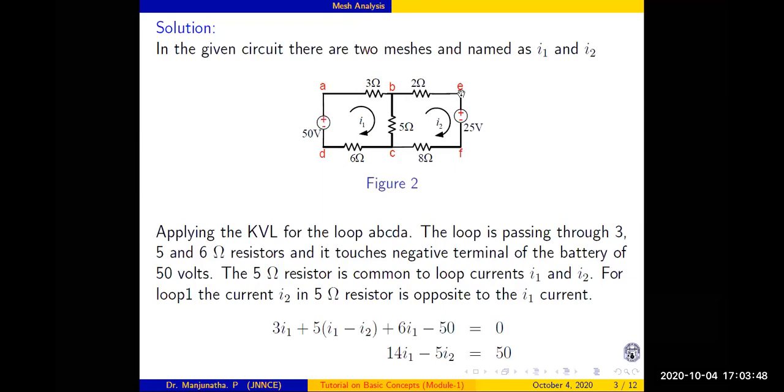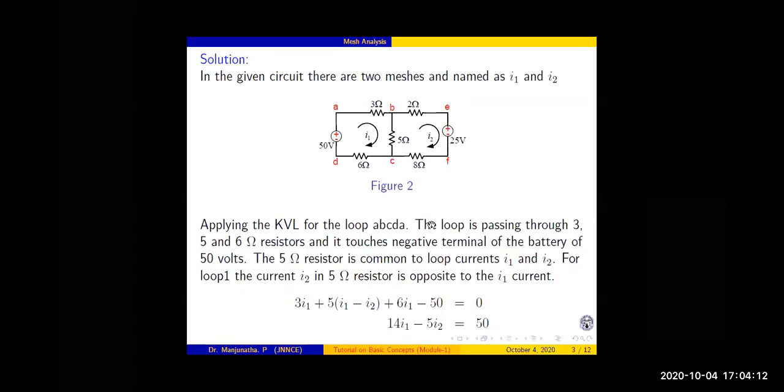The second, B, E, F, C, B, contains a 2 ohm resistor, 25 volts, 8 ohm resistor and 5 ohm resistor. This 5 ohm resistor is common to I1 and I2. So I will write the equation for this.